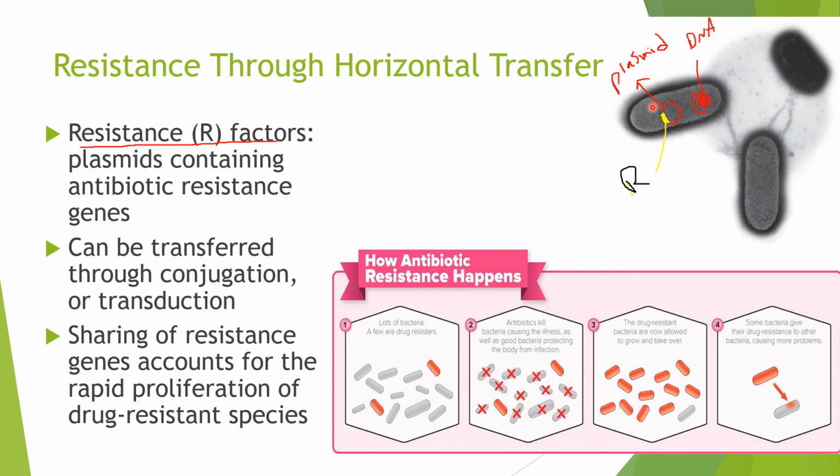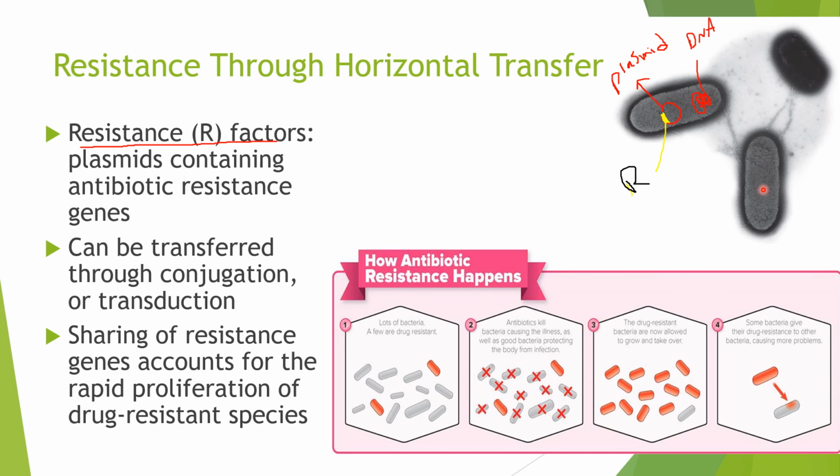So if you try to kill this bacteria using penicillin, it's not going to work because this bacteria is resistant to penicillin. Let's say that this bacteria right here doesn't have the plasmid, okay? So if this bacteria doesn't have the plasmid, that means this bacteria is not resistant to penicillin.